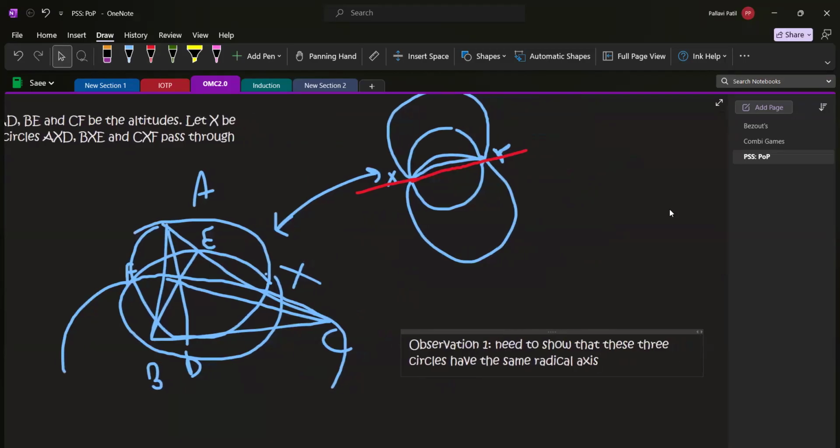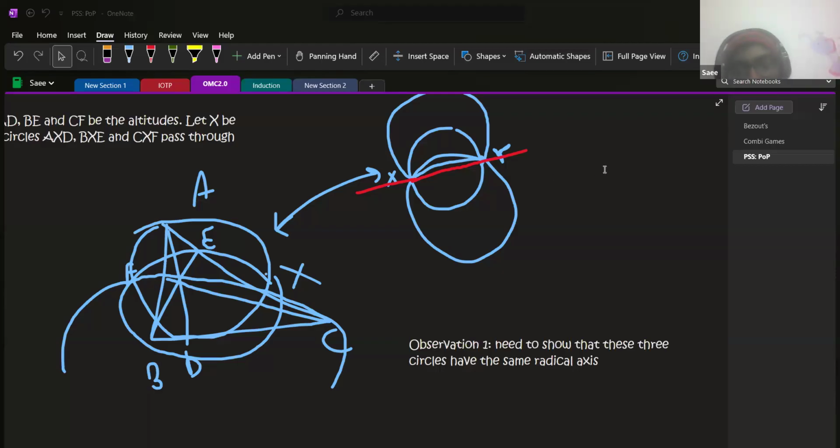I think we can show that for every pair of circles, the radical axis passes through X and the orthocenter H. Very interesting. So what is Harshit saying?